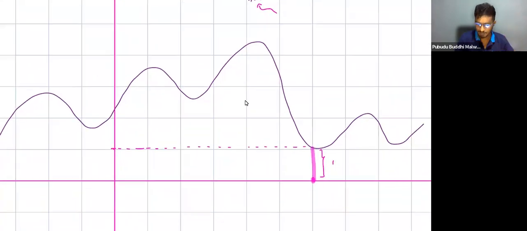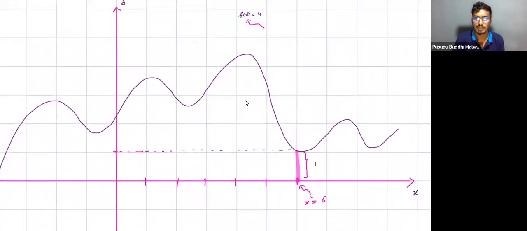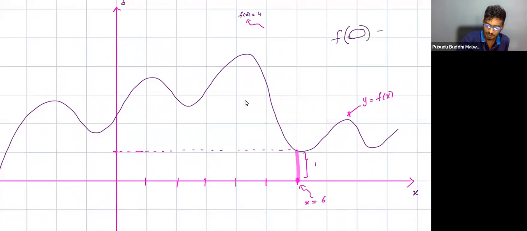So this x value won't work clearly. This x value is 1, 2, 3, 4, 5, 6, and for that x value the function value is 1 point something. That's not the requirement. We need 4 as our height. So this is the function y equals f of x, and basically f of some value equals 4.